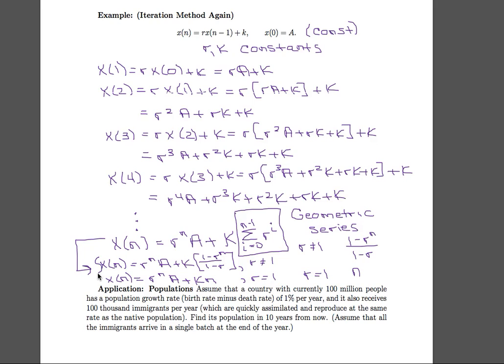So those are our two possibilities for the closed form solution. Sorry that I had to squeeze that in, but hopefully you can make sense of it.